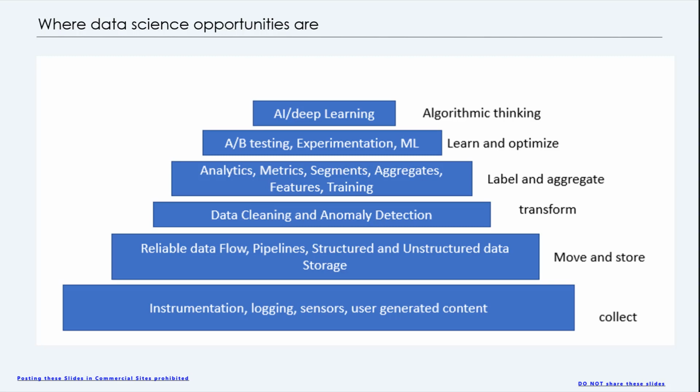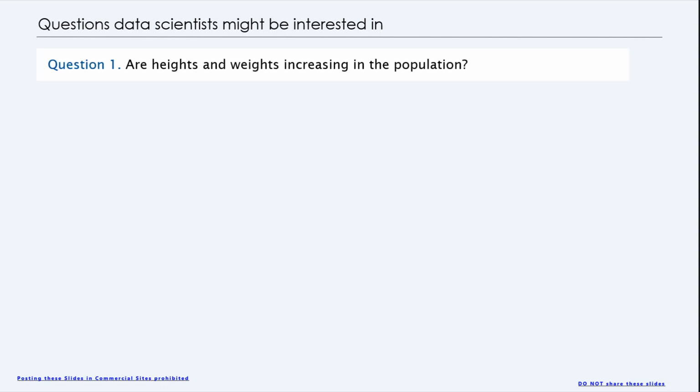At the lower level, there are many more jobs of collecting data, instrumentation, logging, sensors, user-generated content, and also figuring out the reliable data flows, pipelines, structured and unstructured data storage, and so on. There are many more jobs here, but some of them don't require a college degree. But up here you need highly specialized college degrees, and they're also high-paying jobs.